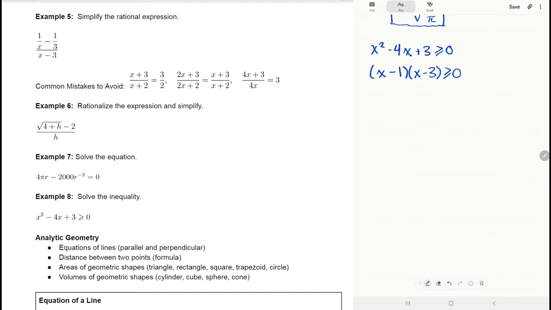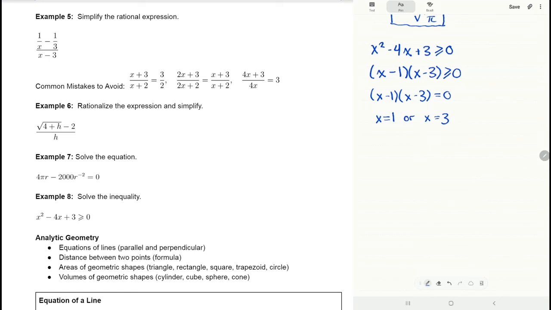So now we want to see when this quadratic is equal to 0. So x minus 1 times x minus 3 will be equal to 0 when x is either 1 or positive 3.